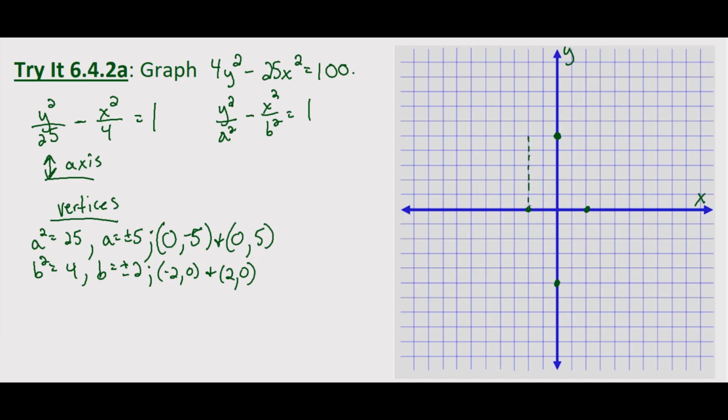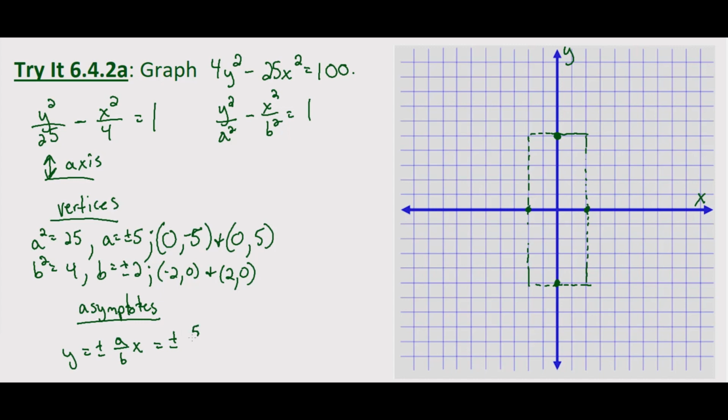And then we make our box. Remember, our asymptotes should go through the corners of the box. So our asymptotes are y equals plus or minus a over b x, which equals plus or minus 5 over 2 x, since a is 5 and b is 2.